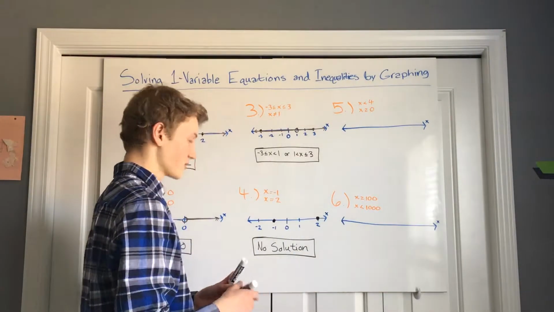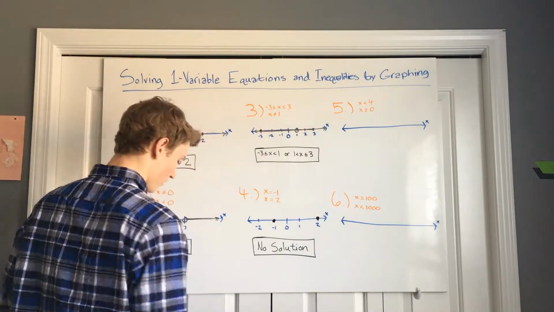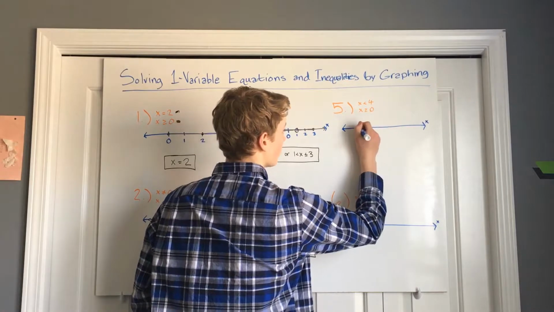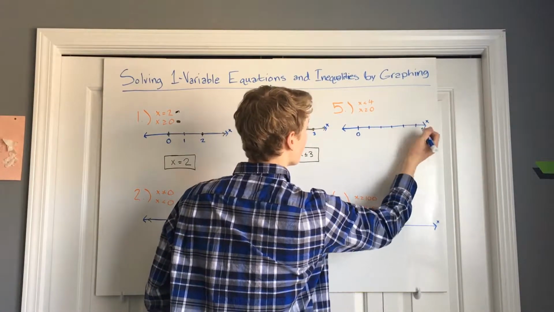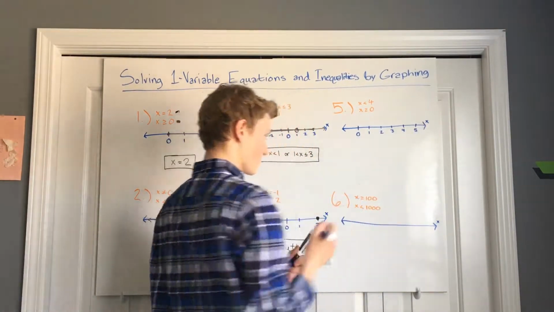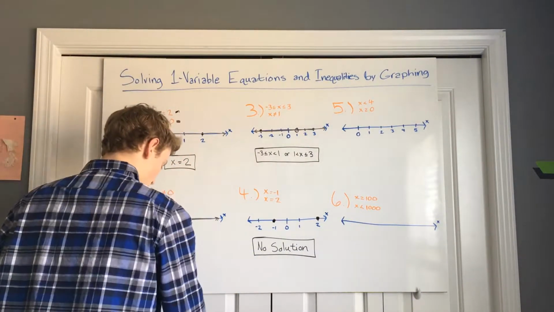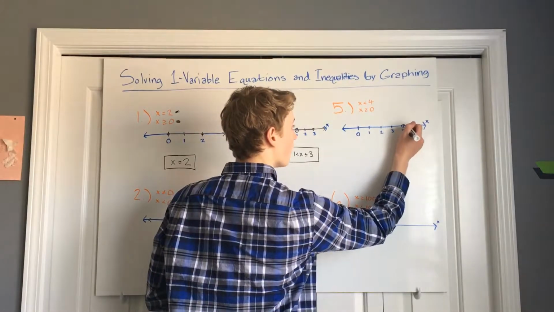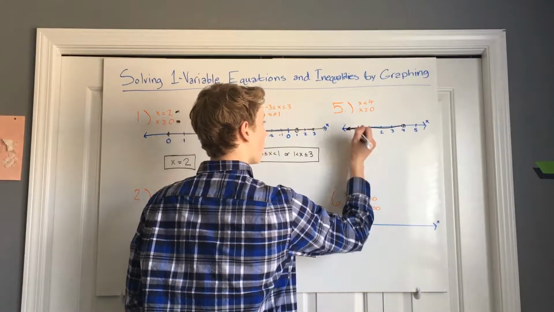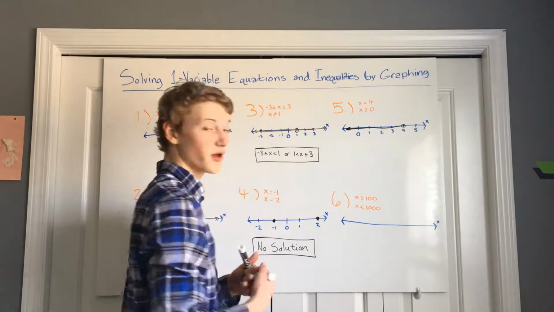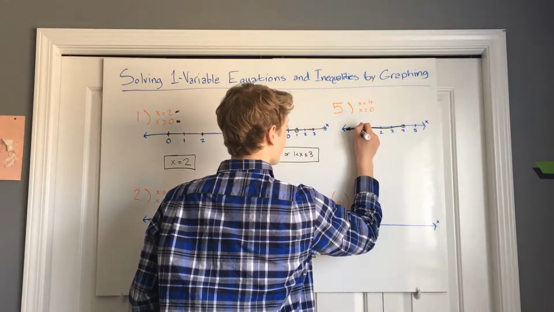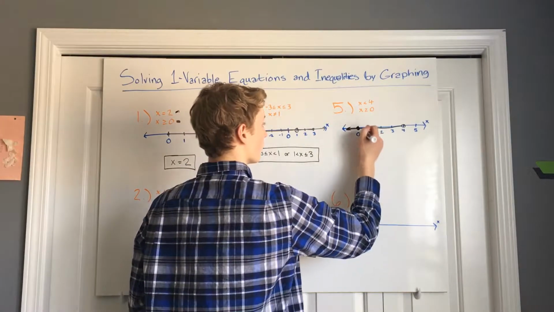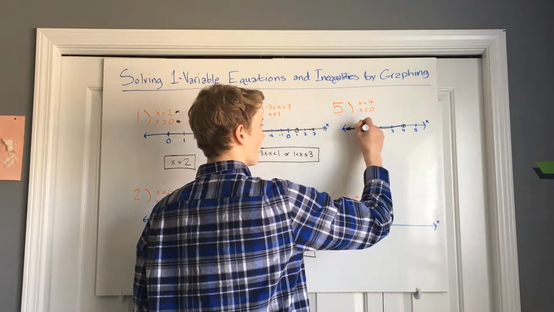Moving on, x is less than 4, and then our second equation is x is greater than or equal to 0. Just like that. And let's graph it. X is less than 4. X is greater than or equal to 0. So remember, the equal to's are solid dots, just like that.